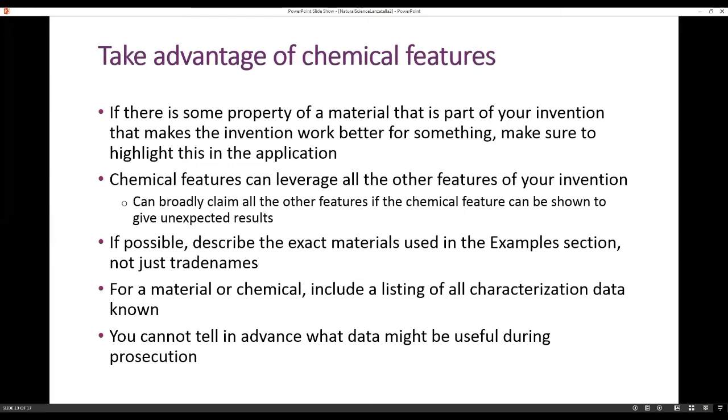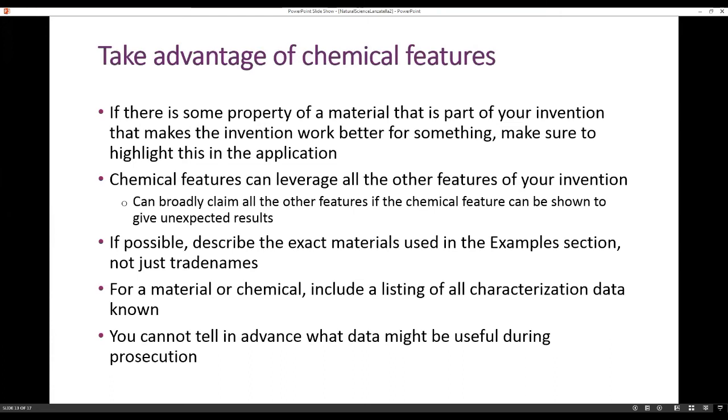And this is in terms of not only what it is, but what its properties are. A lot of times I see inventors submit a disclosure that describes how they did something that's entirely built from trade names, and it doesn't disclose what the actual chemicals were that were mixed to make the invention.